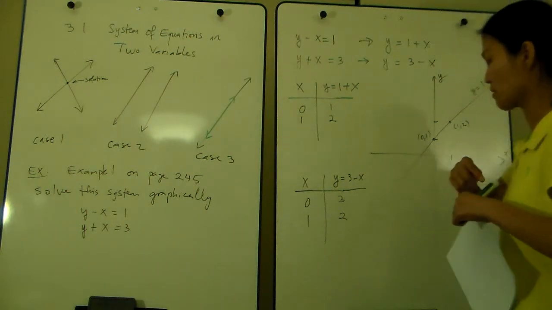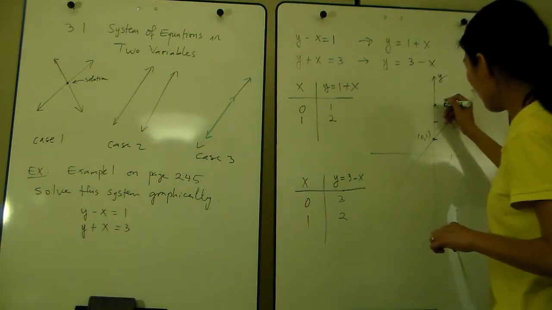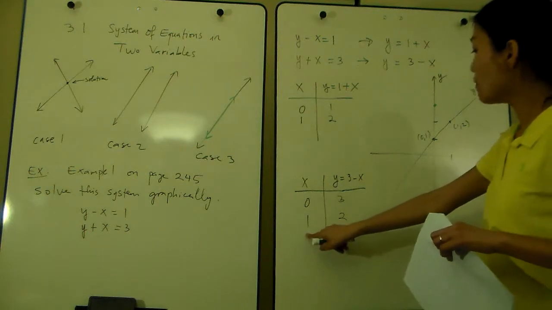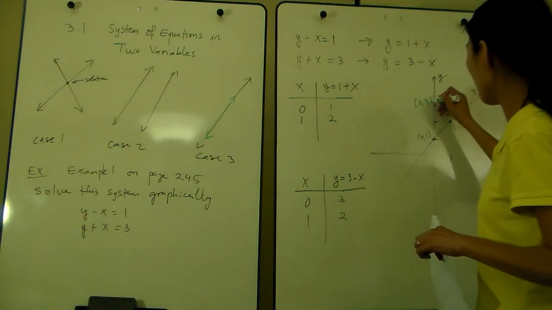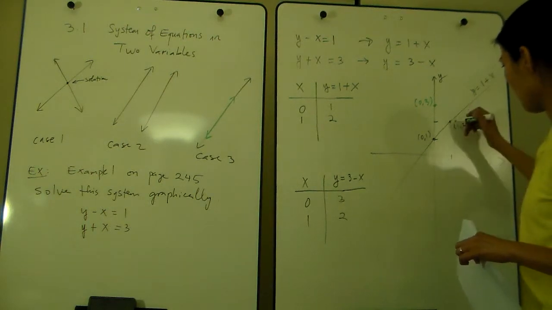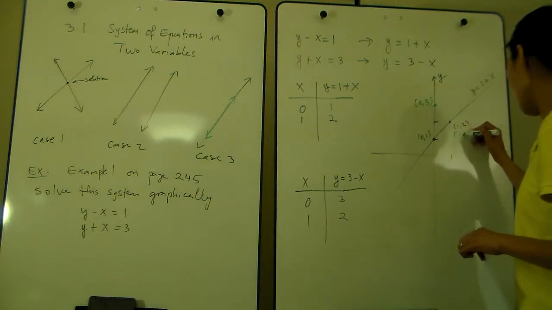For this second line, when x equals 0, y equals 3, so up here is (0, 3). When x equals 1, y equals 2. It's right here, so it's also (1, 2).